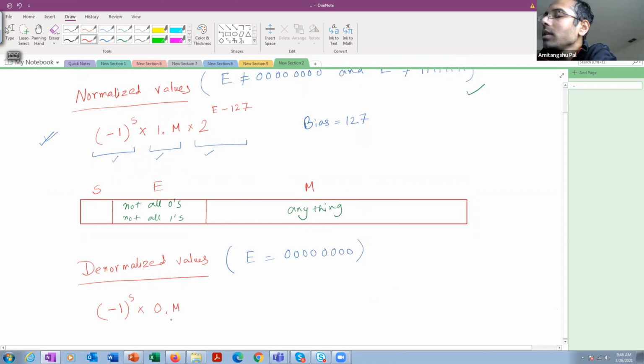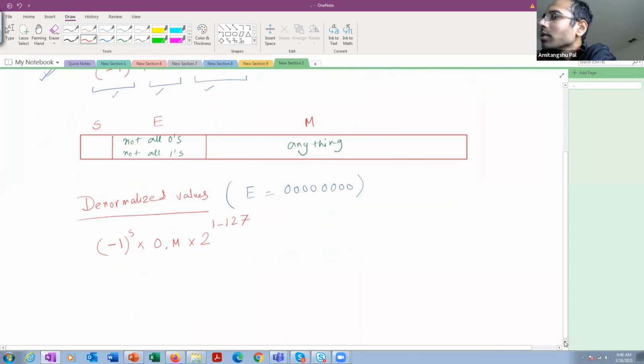We are not doing any normalization on the mantissa. Into 2 to the power, instead of e minus 127, here e is all zeros, so the corresponding formula is 2 to the power 1 minus 127.